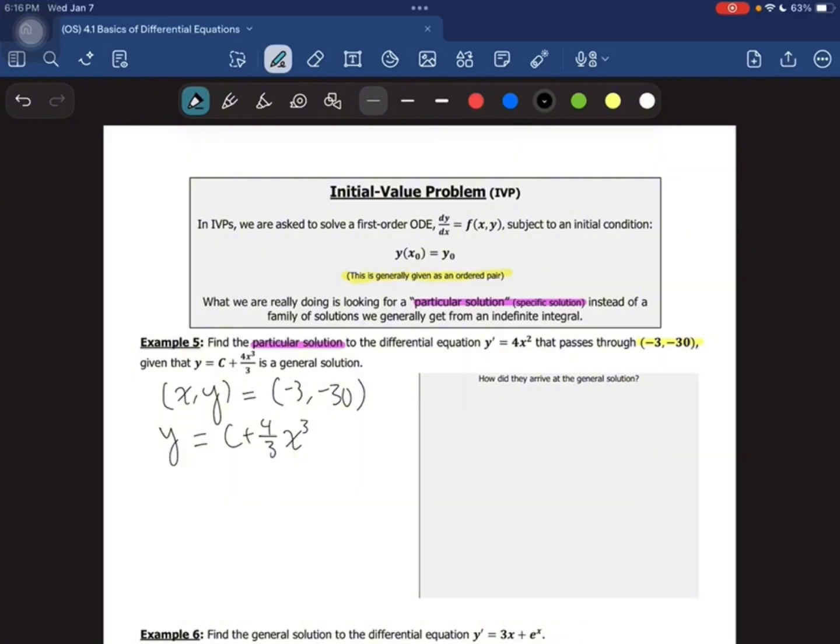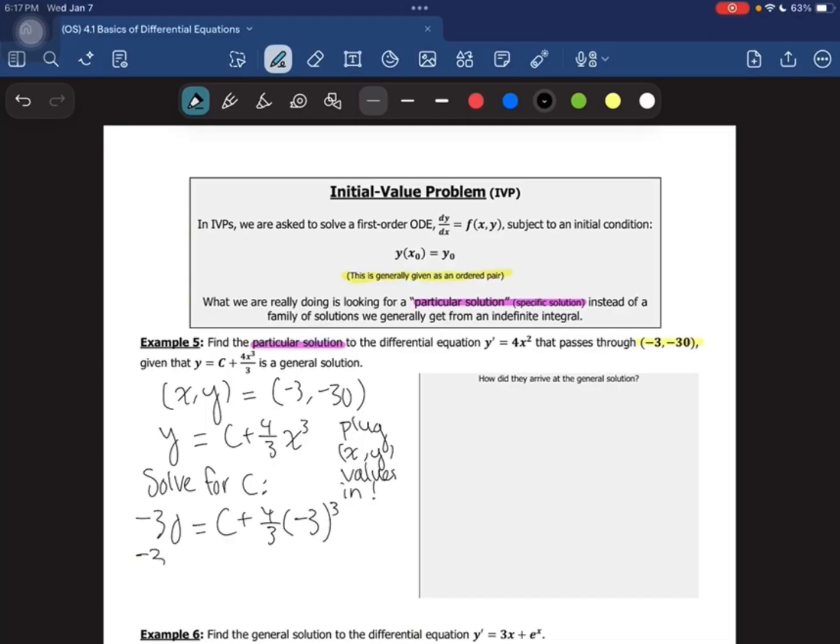Literally just plug x and y in, right? Simple. Plug the x, y values in and solve for c. So you have -30 equals c plus 4/3 times -3 cubed.